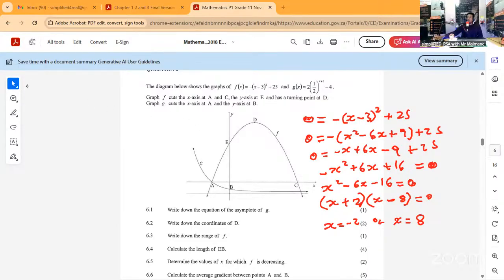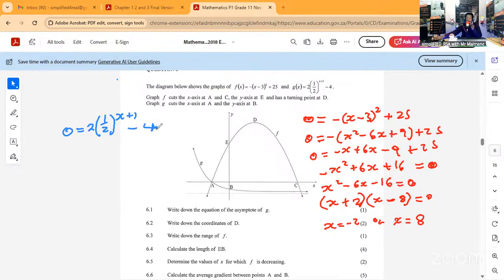Option 2 would be if you use the other formula, g of x. Let's not shy away from it, because someone might want to use that. So it would be 0 is equal to 2 times (1 over 2) to the exponent x plus 1, minus 4.